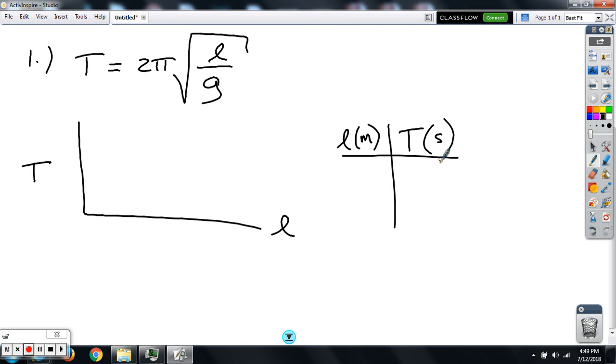What kind of graph would this look like? Well, you have to look at what else is in this formula. 2 pi is a constant, so there's nothing in the experiment that's going to affect 2 pi. Little g is our 9.8 meters per second squared. So as long as we're here on Earth, then I can do this experiment over and over.